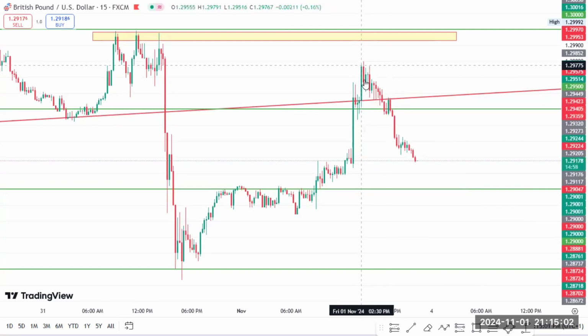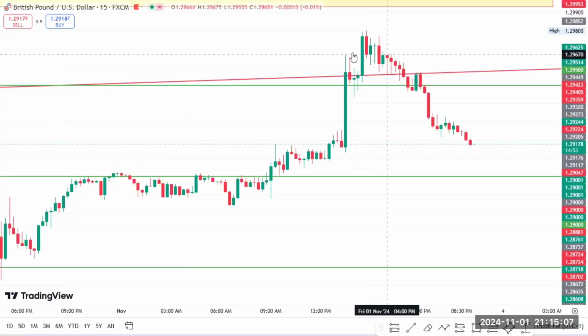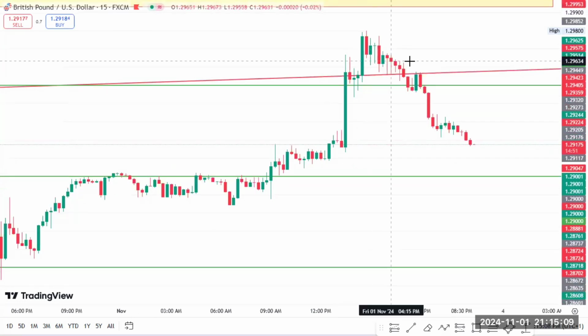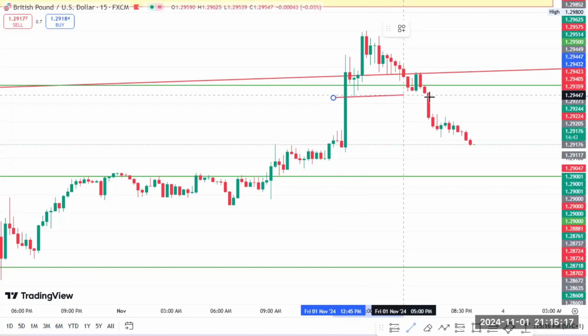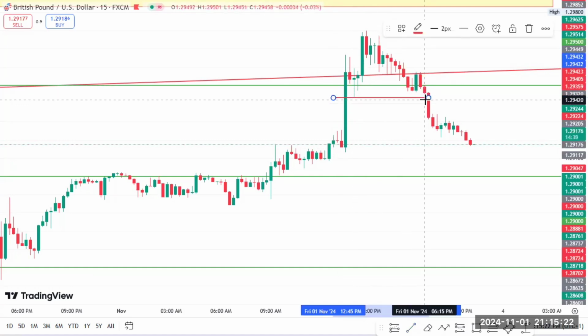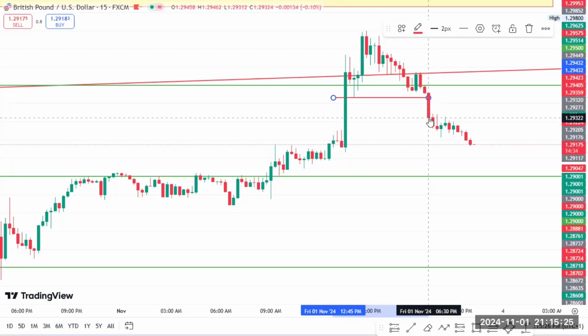For me, there is not any clear sign for a sell here that happened. But because price has already passed this level, this candle has already been taken out, and then this candle closed with a body below it. So if you want to go in, you would have gone in at this point.